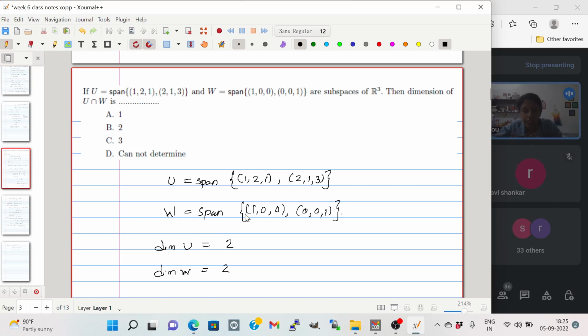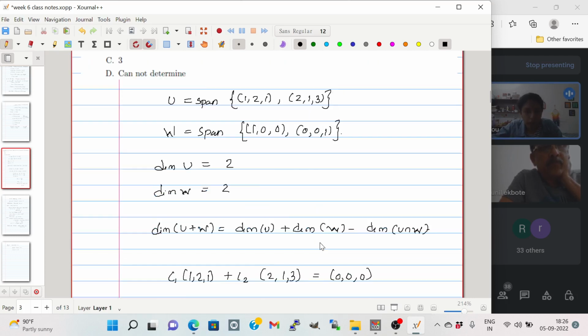If I am taking any element, (1,2,1) is an element of U. I cannot write it as a linear combination of (1,0,0) and (0,0,1), because in both (1,0,0) and (0,0,1), the y coordinate is 0. So if y coordinate is non-zero, I cannot write it as a linear combination of these two elements. So there will be some element in U other than in W. In the same way, there will be some element in W other than in U. This U and W are not the same.